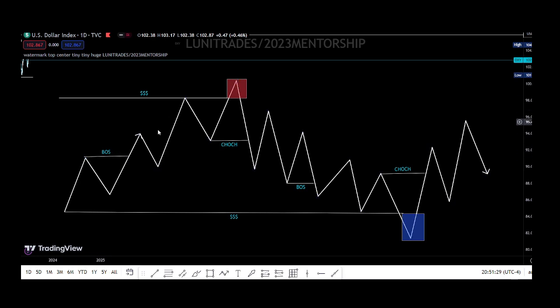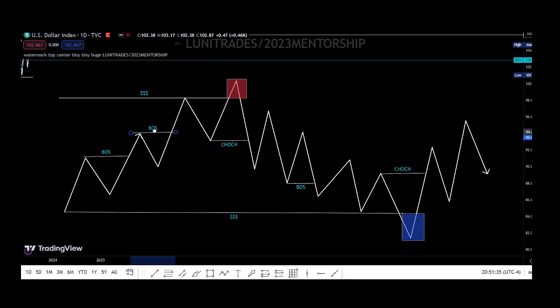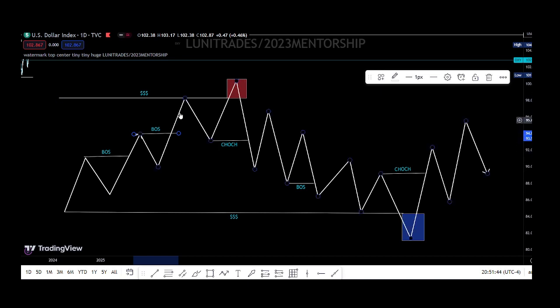It continues going up again. This is another break of structure. So let me clone this. This is another break of structure. Break of structure meaning it broke this high. That's why we call it breaking structure. It broke this high, right? So it continued going.